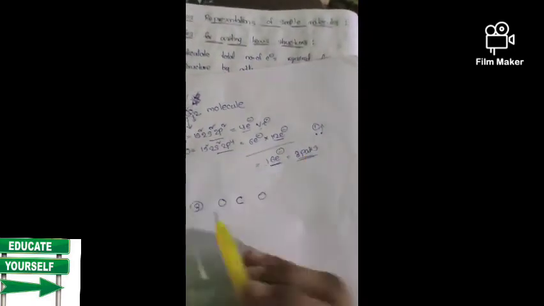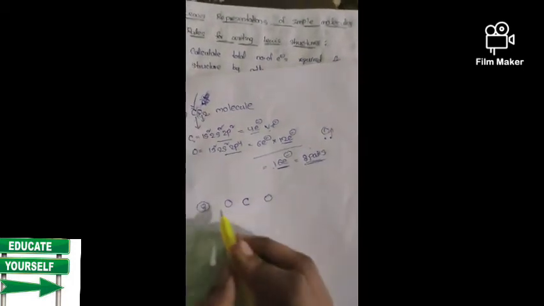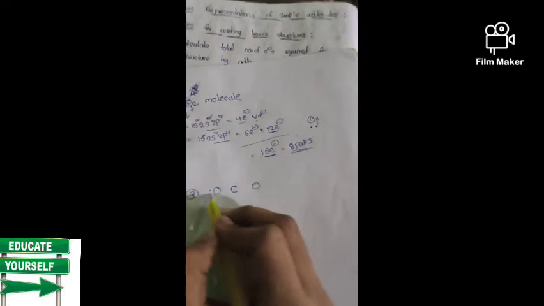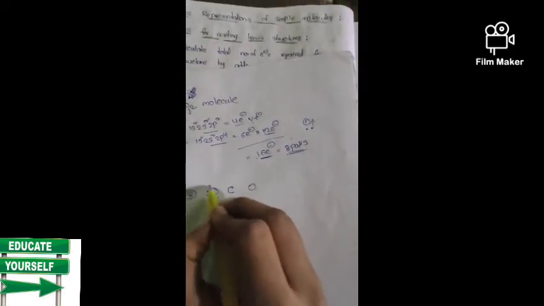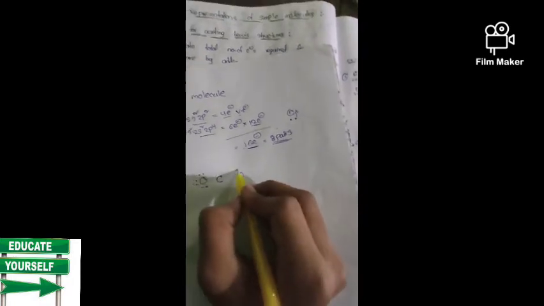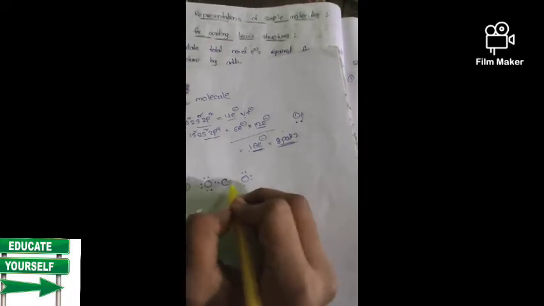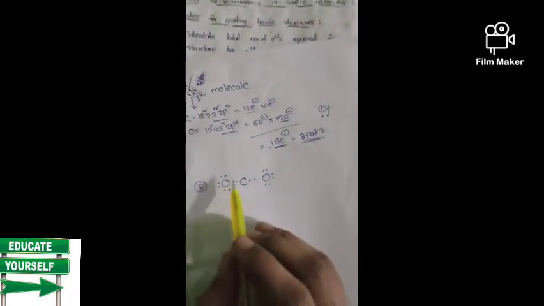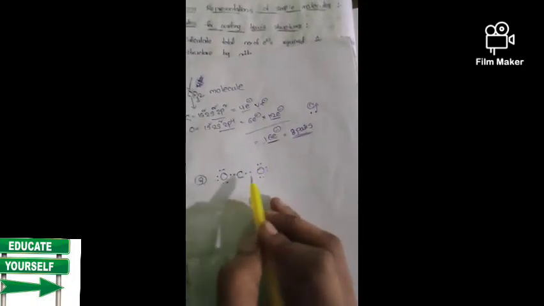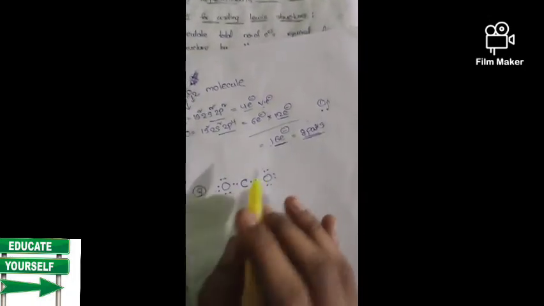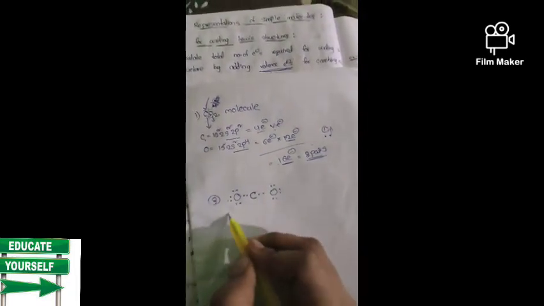These 8 pairs we have to distribute to every atom. This is one pair, second pair, third, fourth, fifth, sixth, seventh, eighth pair. There are a total of 8 pairs, that means 16 electrons. This fourth point is also completed.